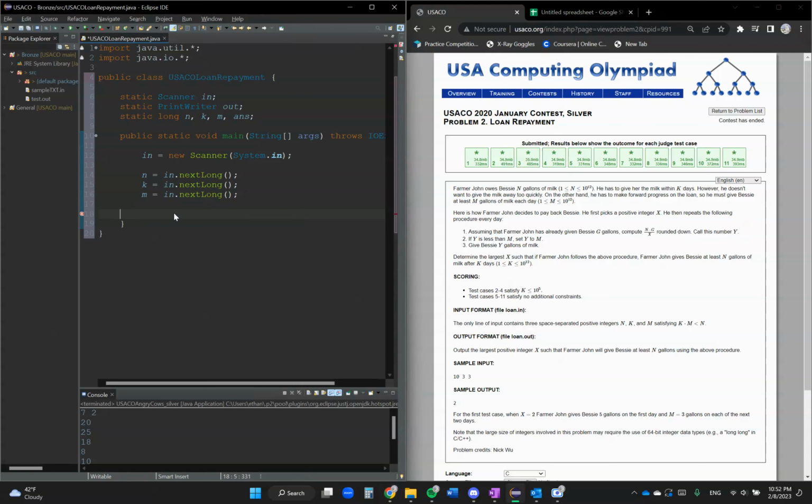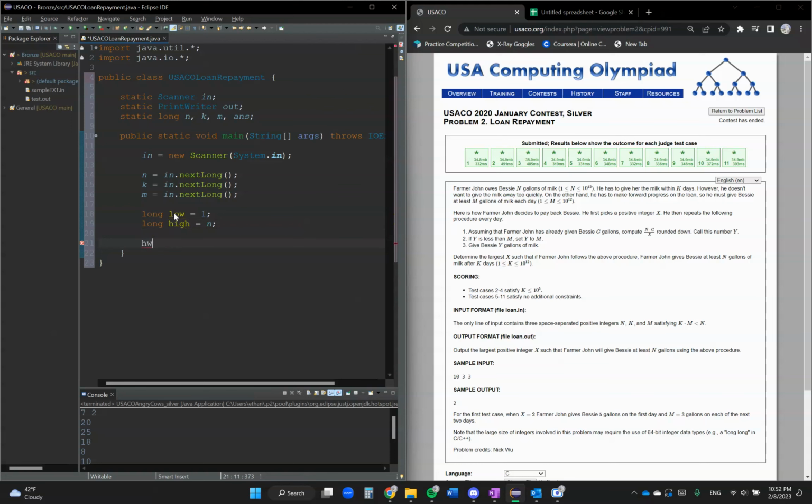So we set an integer value low, which is the minimum possible value of x, as 1, and integer high, which is the maximum possible value of x. Actually, it has to be a long. Both have to be long. The highest possible value of x is just n.